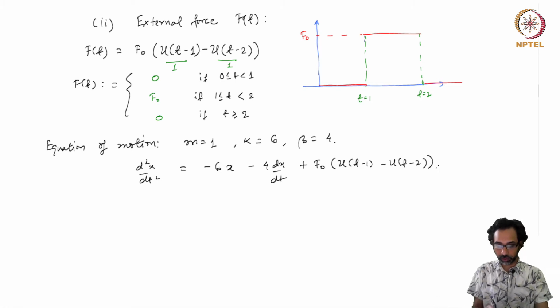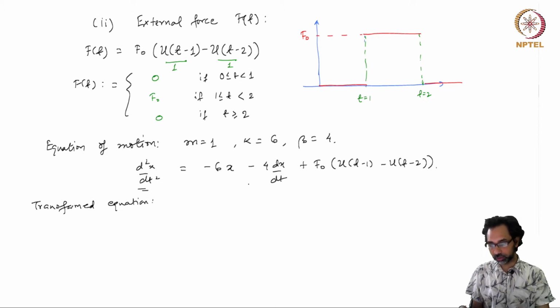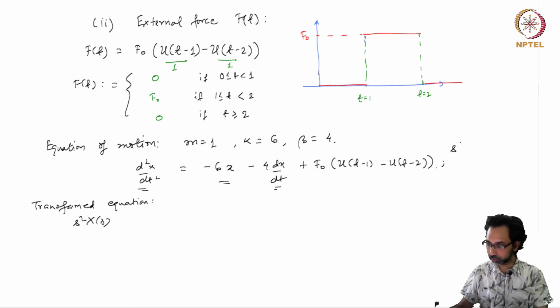Now if you take the transformed equation, for these 3 terms it's exactly the same as the previous example. So you get s square Xs. I should say that the initial conditions are also the same.